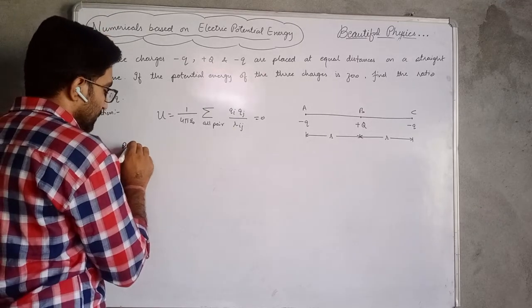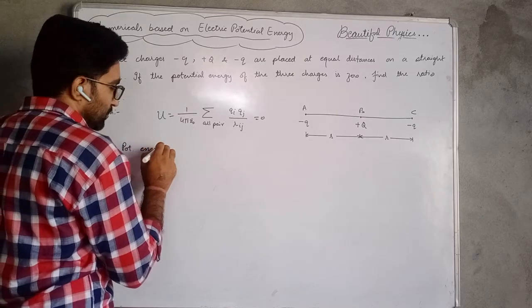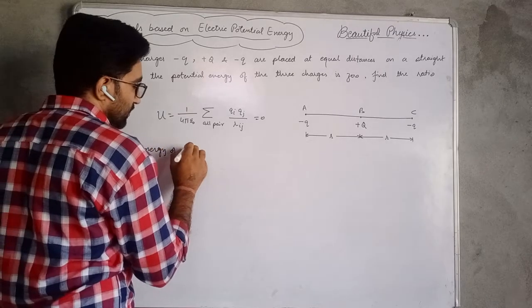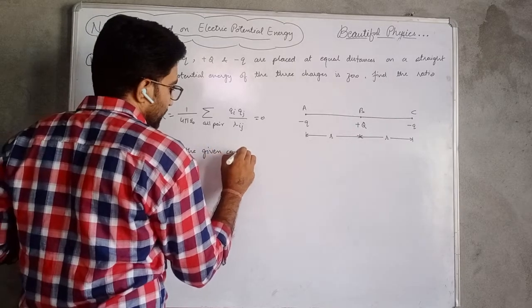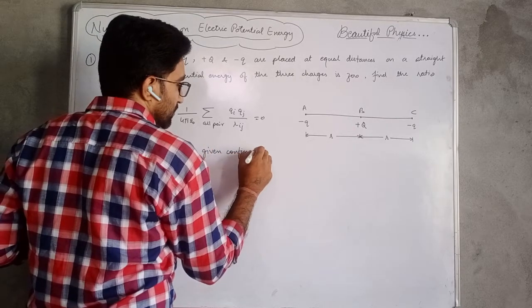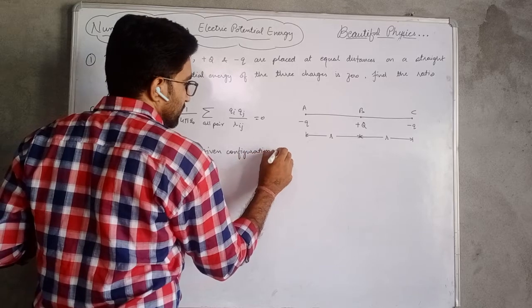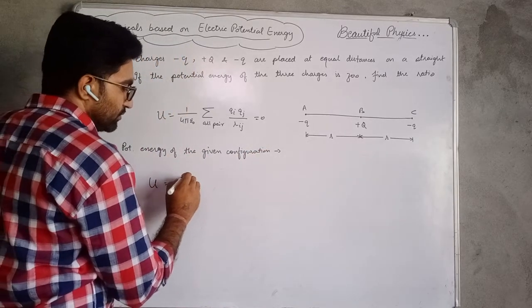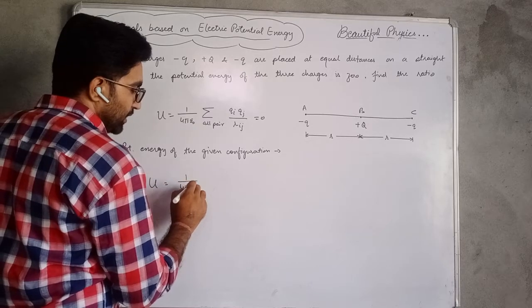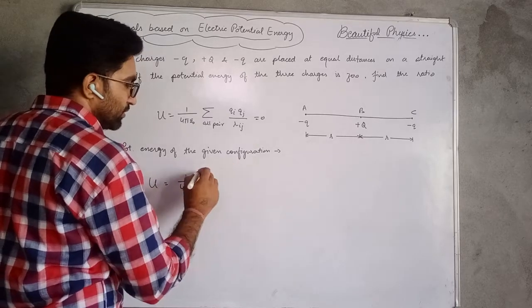Potential energy of the given configuration will be U equals 1 by 4 pi epsilon naught, which can be taken as common from each quantity.